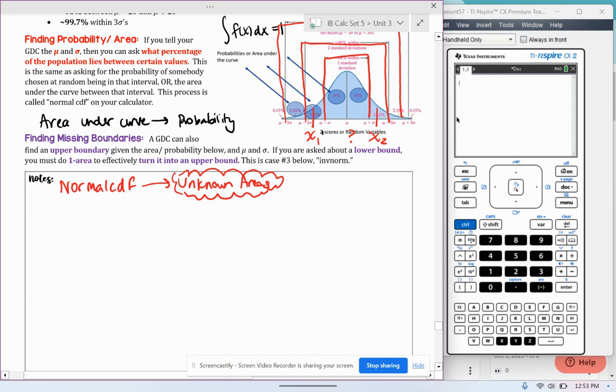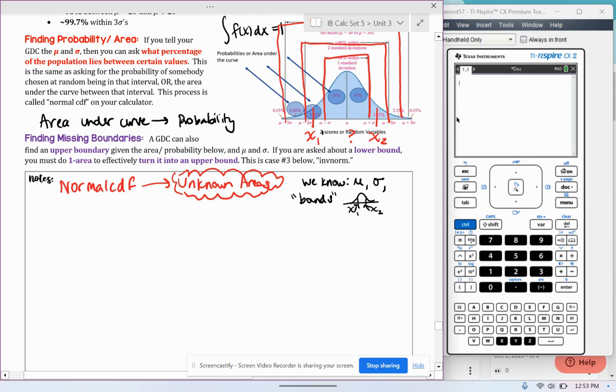Okay, so we can use the normal CDF function when we know the mean, the standard deviation, and the bounds, or the data points along the x-axis that this thing is bound between, right? This data point and this data point, something like that. Okay.